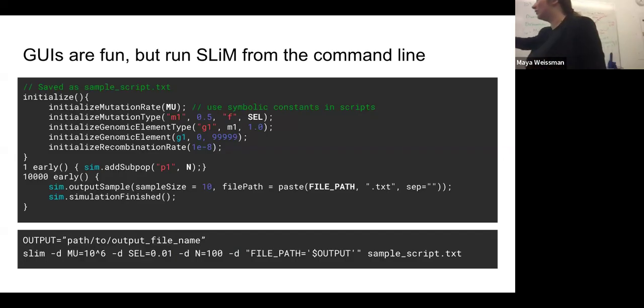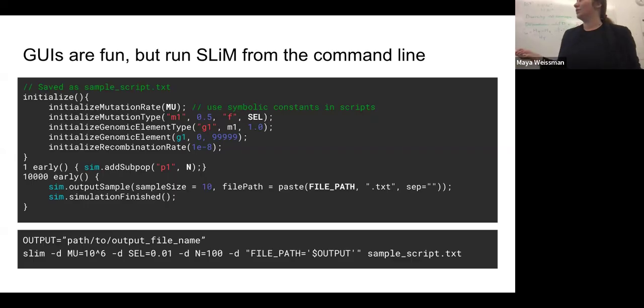You have to rewrite -d every single time. And the quotes, if you want to have one of your inputs be a string, are important and kind of funky, where you do quotes around the entire thing plus quotes around just your output. Don't do that, it freaks out. And then whatever your script is. Bam, that is how you run Slim from the command line.